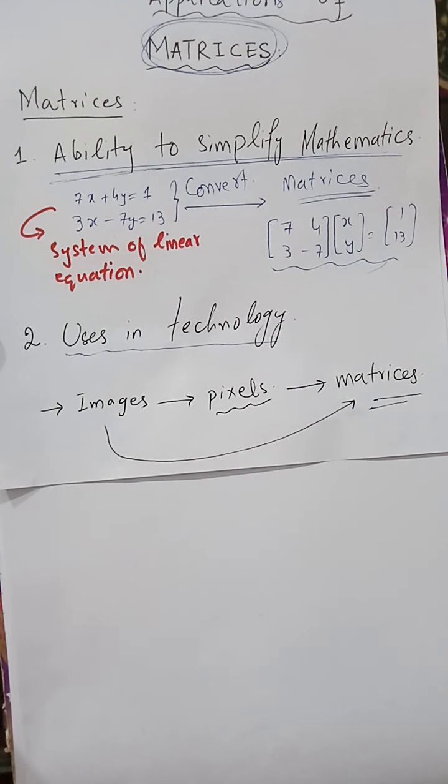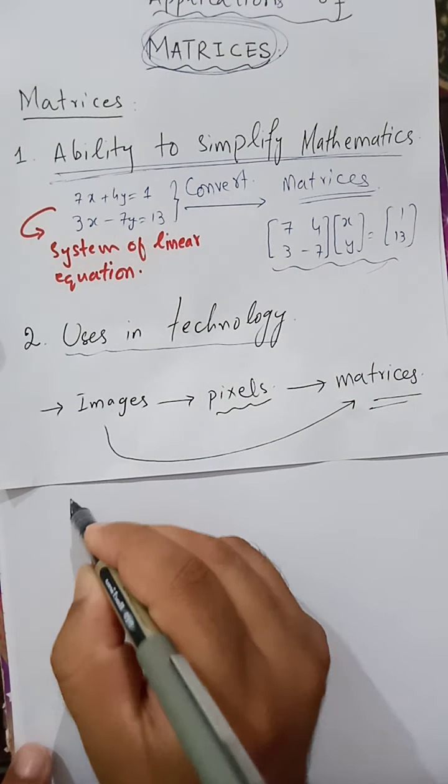So this is one of the uses of matrices. If you want to study some images, satellite images, medical images, you need to convert them into matrices, and then you can study them. Remember, we have a software which is called MATLAB.